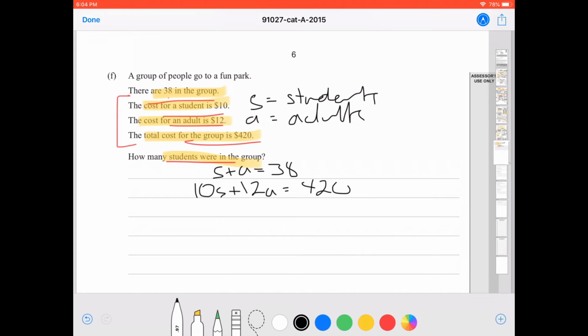We've got this pretty nice equation, S plus A equals 38. And so let's rearrange it and say S equals 38 minus A. Okay, that means we can say 10, and substituting for S, not S, but rather 38 minus A, plus 12A equals 420 here.